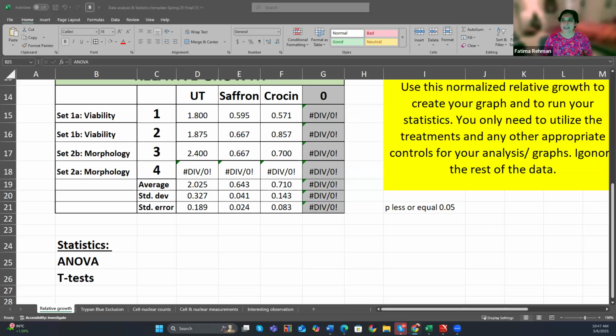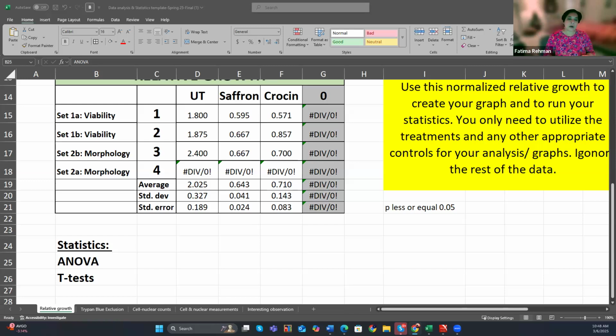It's not going to tell you that it's the saffron that's different or crocin that's different or both that are different, but it will tell you that something is different about one or more of these groups compared to others. And then you still have to go back and run the t-test. And again, with a t-test, you can only run two groups at a time. So you'll do pairwise t-tests, all the different permutations of it, to figure out where exactly the difference is, which one is significant.